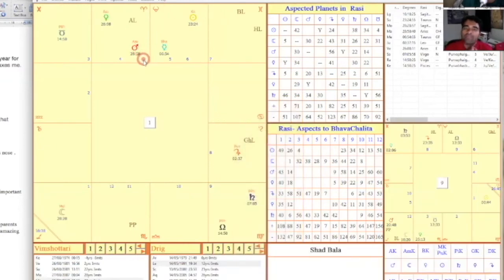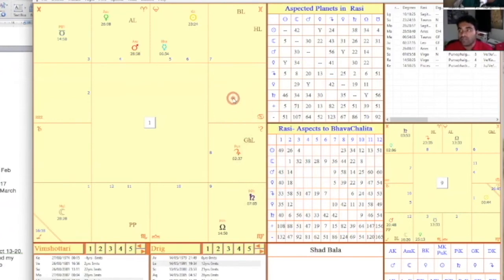Okay. Then there were some other events. And of course, she settled down in a foreign country herself. Here's where it gets interesting in her chart. If I make her ascendant Capricorn, 7th cusp falls in the sign of Cancer. Okay.